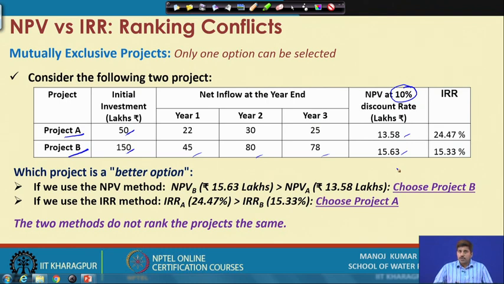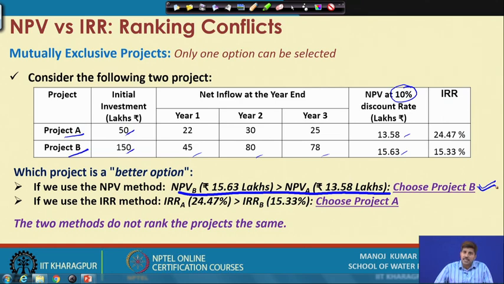So, project B is giving me the higher NPV value, NPV of project B is greater than NPV of project A. So, I should choose the higher NPV project, so I should choose project B.